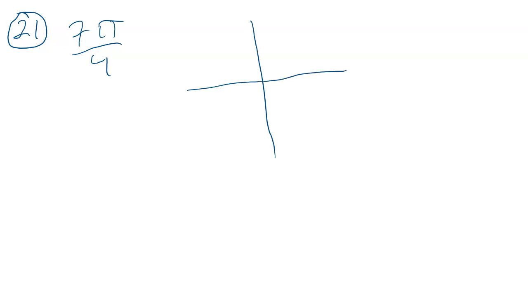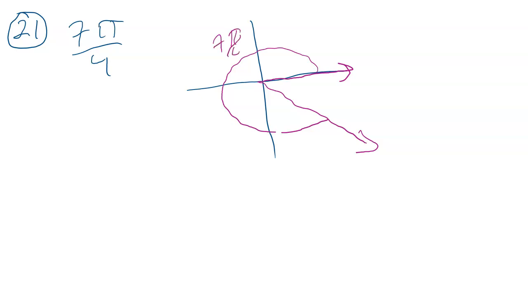On to 21. 7 pi over 4. So again, I'm gonna draw this because I'm comfortable with radians. 7 pi over 4. I believe that's going to end up in the 4th quadrant. I actually really like radians because of reference angles. A lot. So this is like 7 pi over 4.